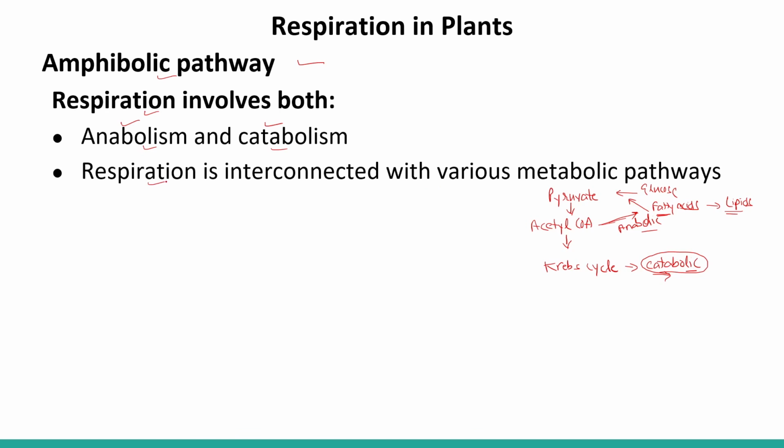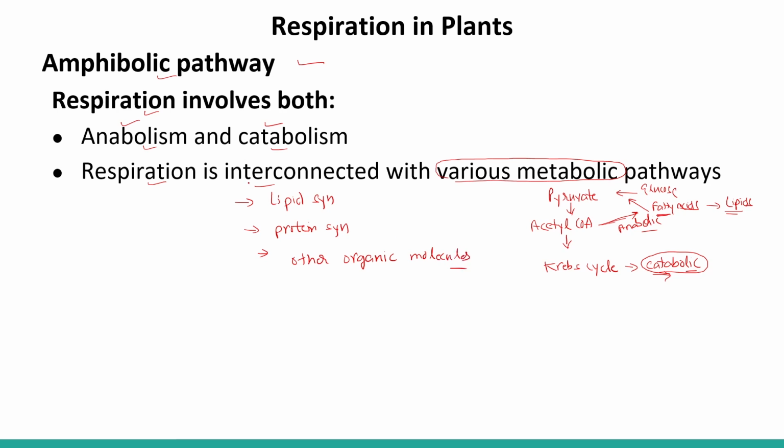Now another thing is that respiration is interconnected with various metabolic pathways. It is not a solo pathway, but is connected to various metabolic pathways such as lipid synthesis, protein synthesis, and formation of other organic molecules, because the intermediates of the Krebs cycle can lead to the formation of other organic molecules as well.